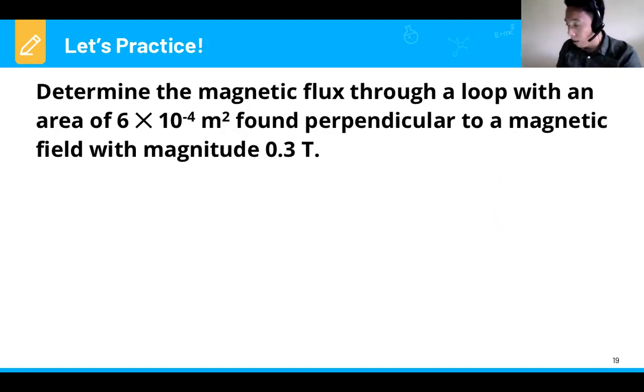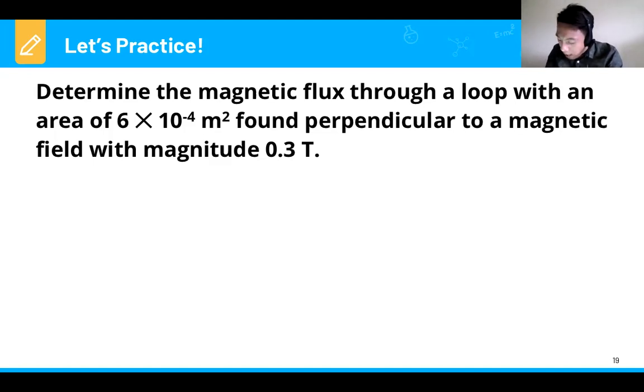Okay? So we will just use, do we have a given angle? We don't have. That means that is 90 degrees and the cosine of 90 degrees is 1. Okay? So even without that, automatically it is 1, our cosine theta.